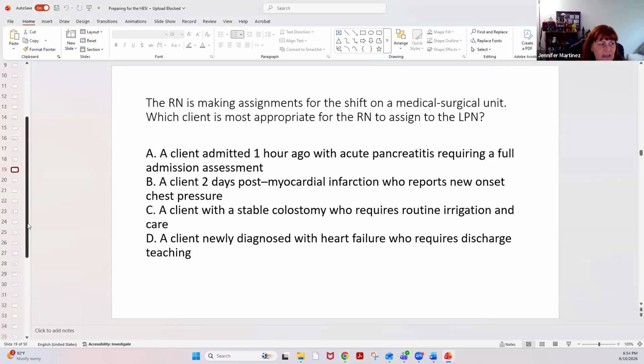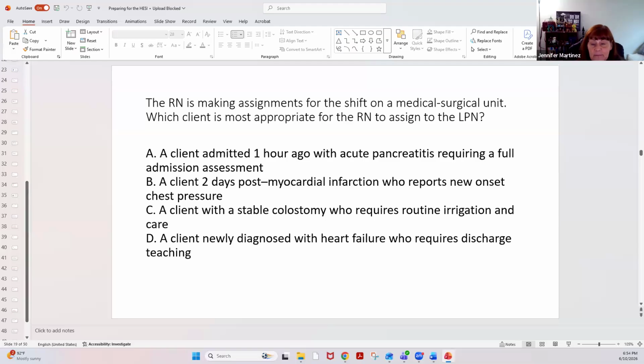All right. The RN is making assignments for the shift on a med surg unit. Which client is most appropriate for the RN to assign to the LPN? We have a client admitted 1 hour ago with acute pancreatitis requiring a full admission assessment.